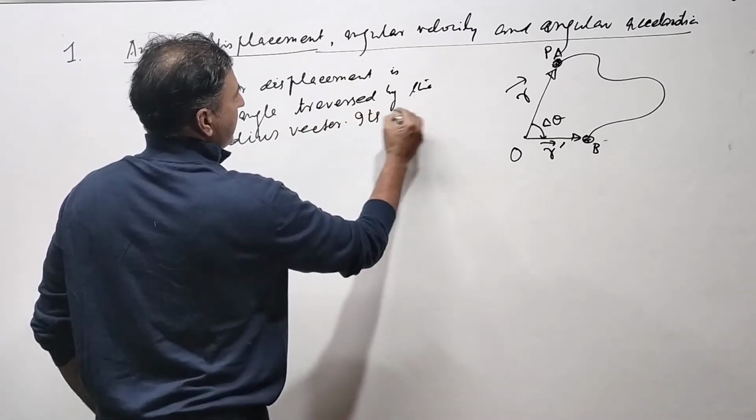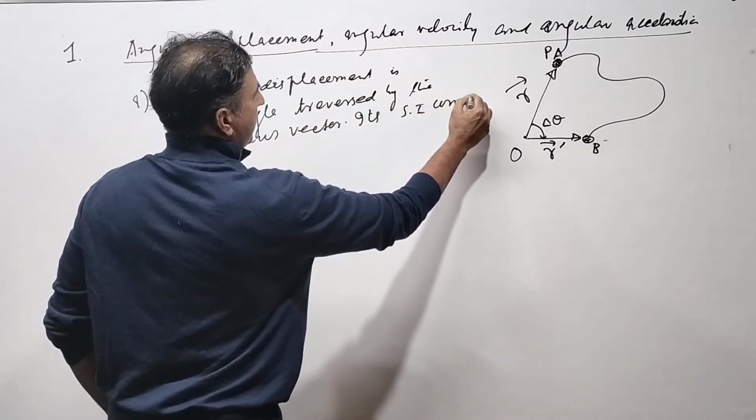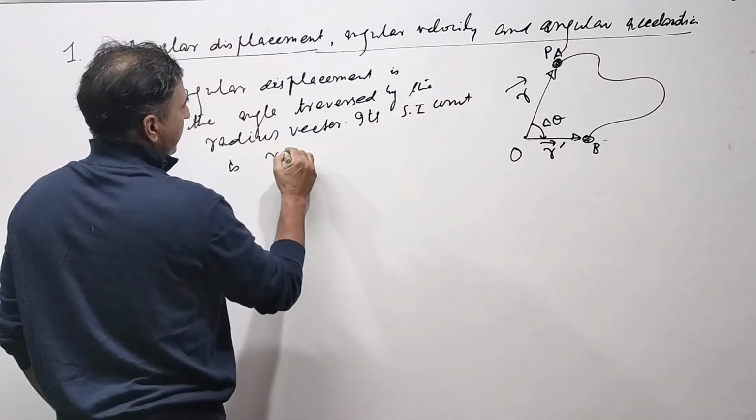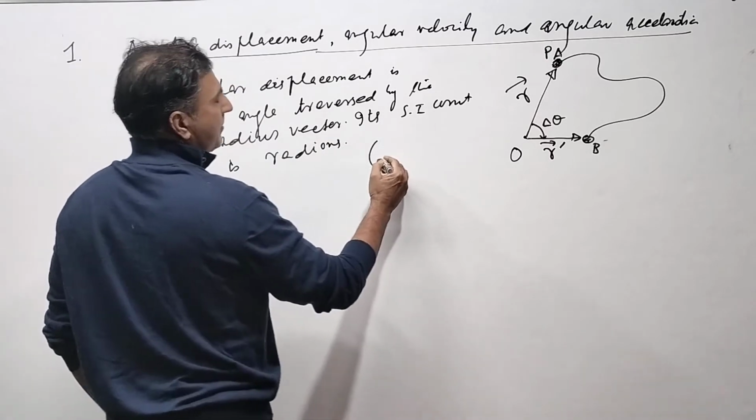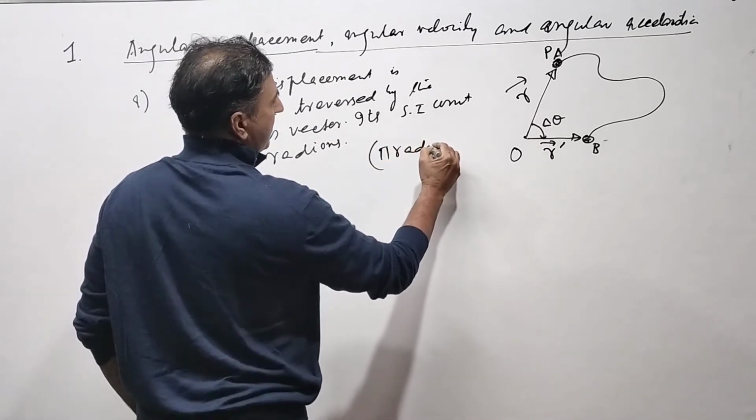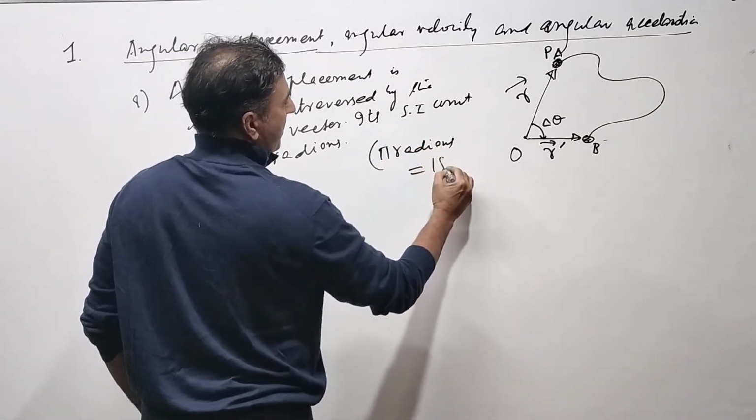Its SI unit is radians. Pi radians is equal to 180 degrees.